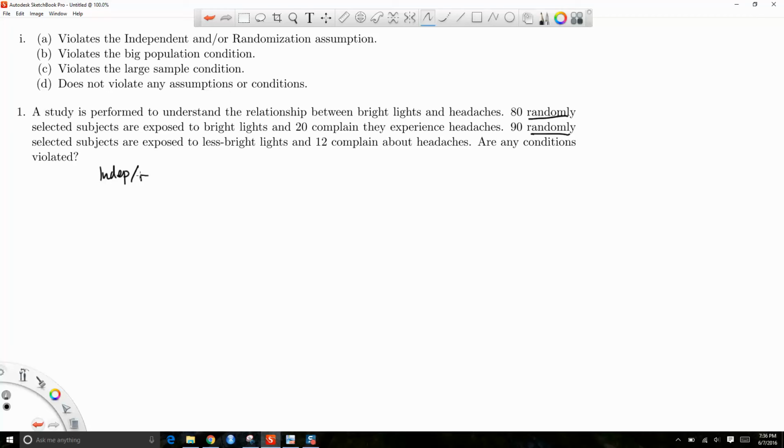Then we look at our sample size: we have 80 randomly selected subjects exposed to bright lights, and 90 randomly selected subjects exposed to less bright lights. So n1 is 80, and n2 is 90.